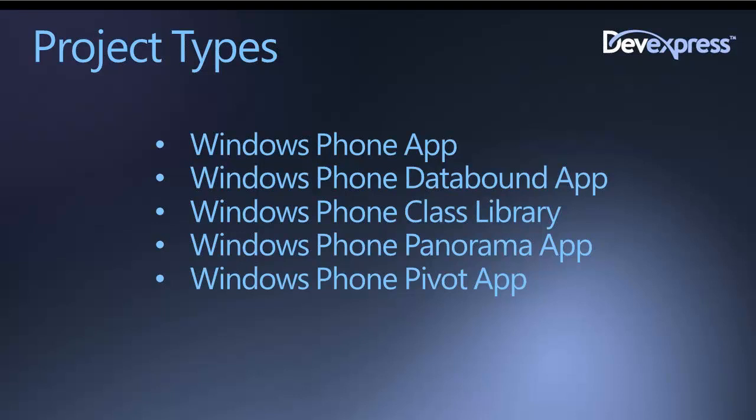So a good example of a pivot app would be, say you have a task list app, and so maybe you have a view of all the tasks in your task list, and then you could have separate views for all the tasks that you need to do today versus all the tasks that you need to do tomorrow.